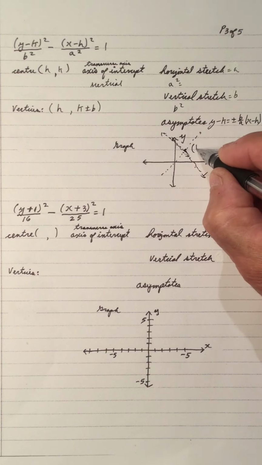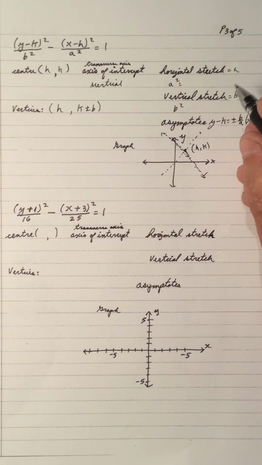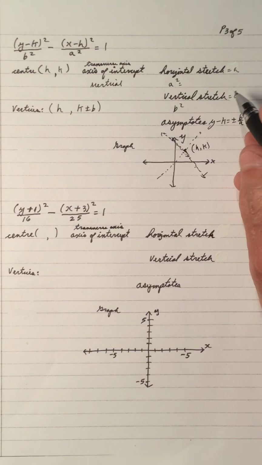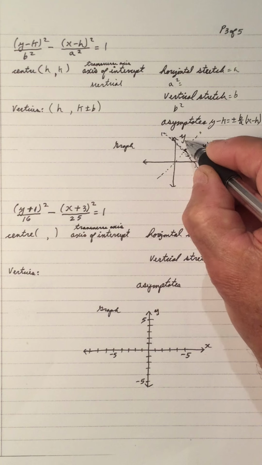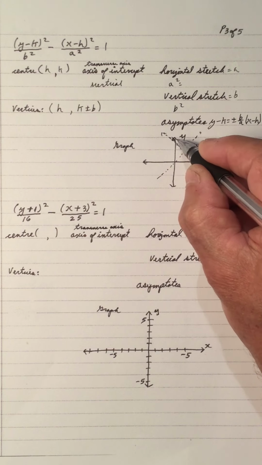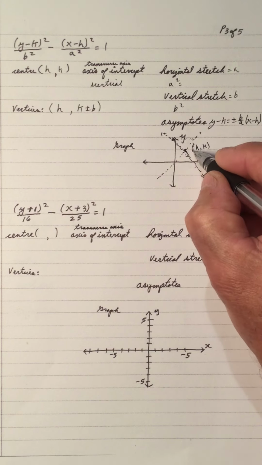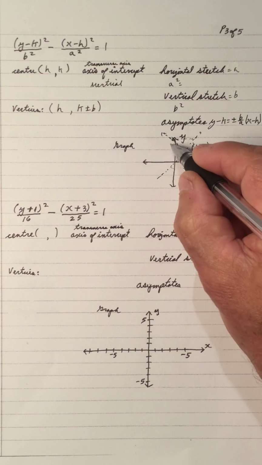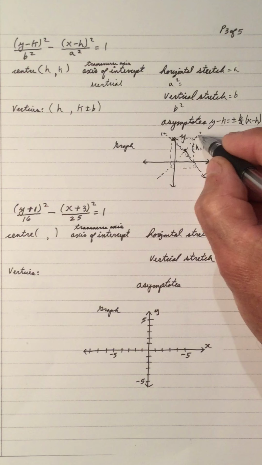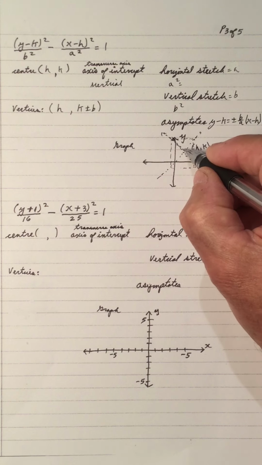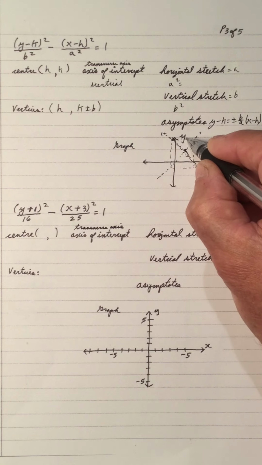So this point is h comma k, but this time the stretch is b and is on the vertical, so it's b units up. So notice we form a little rectangular box here, like that. And it's the corners of the box that the asymptotes are going through. And b units is right here.